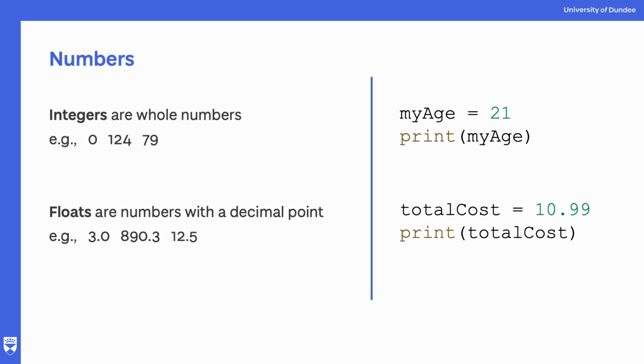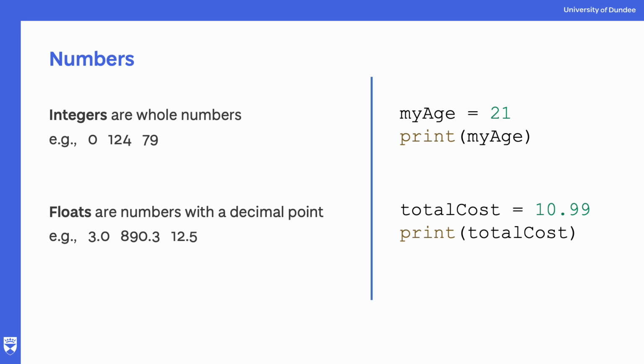I can do the same thing here with numbers. I can create variables called something. In this case, I've created a variable called my age, and I've put inside that the value 21. What's different on this slide compared to the previous one is that I don't have double quotes. The reason I don't have double quotes is because it's not a piece of text.